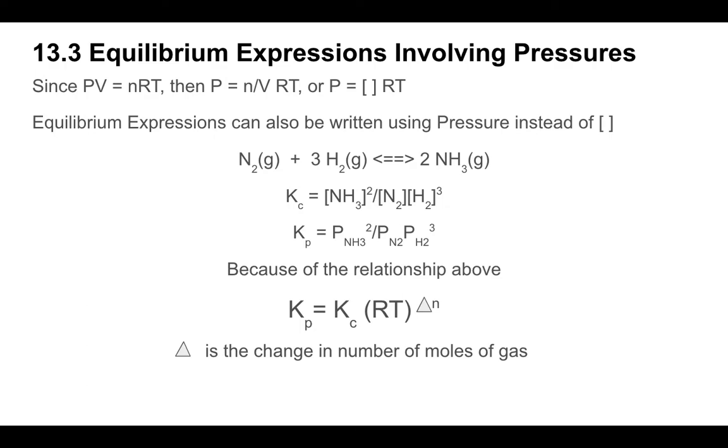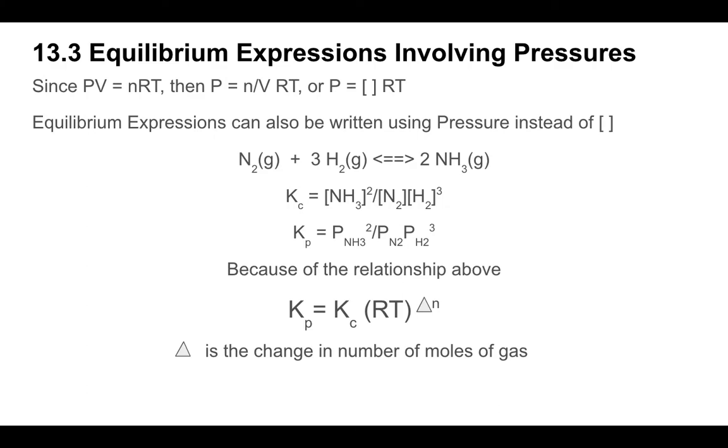Now, because P is not equal to molarity, but P is equal to molarity times RT, you can actually derive the relationship between Kp and Kc. Kp will be Kc times R times T, and you'd use 0.08206 because you need moles per liter and atmospheres, to the power of delta n, where delta n is the change in number of moles of gas.